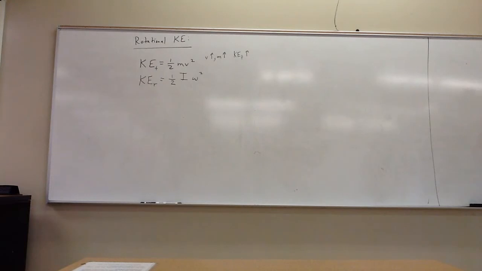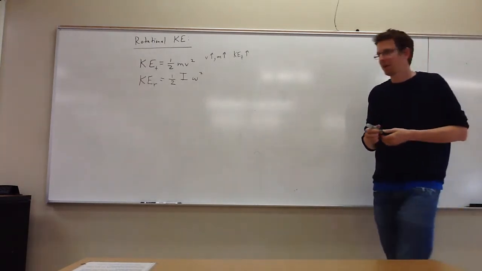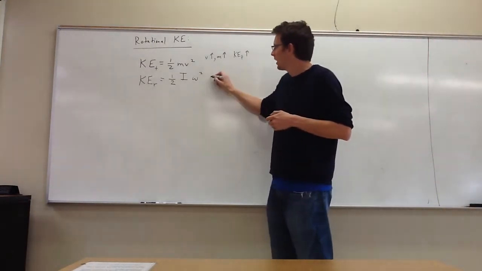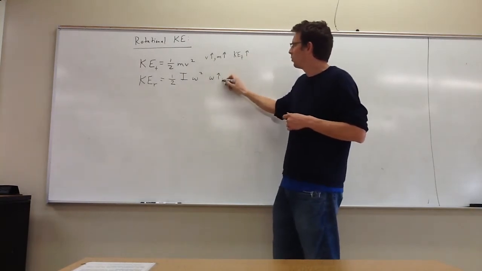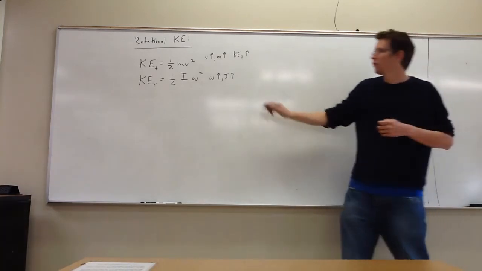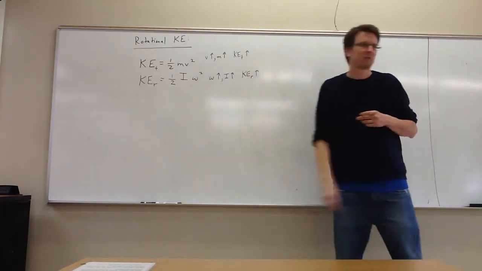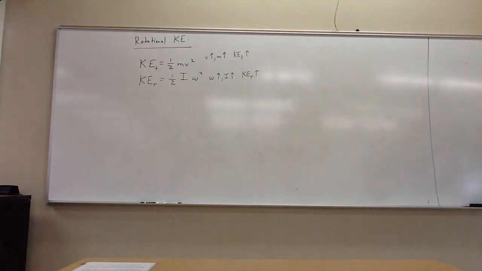A Mack truck going 50 miles an hour has more energy in it than a mosquito going 50 miles an hour. So mass and how fast that mass is going matters. Same thing over here. If something is spinning faster or it has more rotational inertia while doing it, those are both things that would tend to make the rotational energy larger. So these are 2 different places where you can tuck in energy of motion.